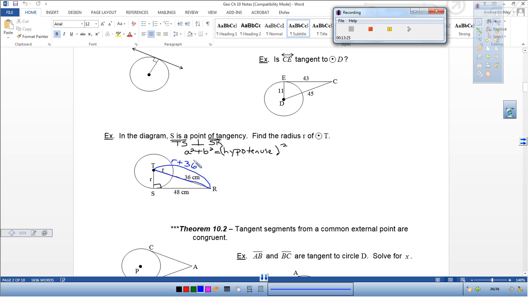Okay, so we're going to do a squared, the R squared, plus the 48 squared, equals the R plus 36, the whole thing squared. Now remember, when we square a binomial, we have to write it out twice.